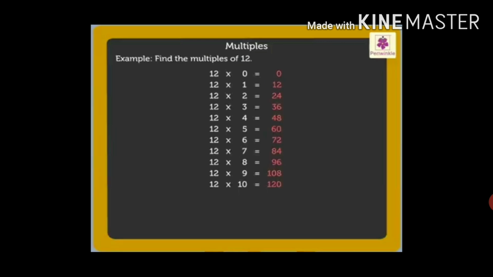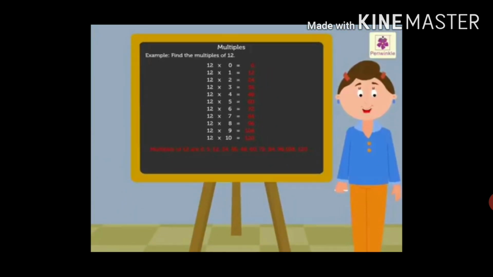So here, the products obtained are nothing else but the multiples of 12. I am sure you must have understood how to find the multiples of a given number.